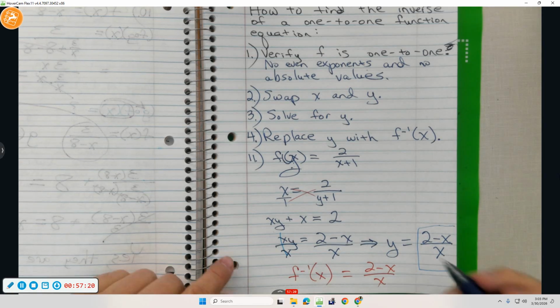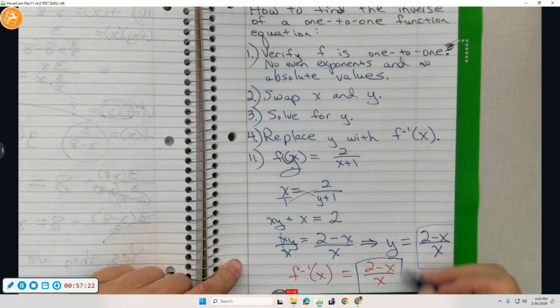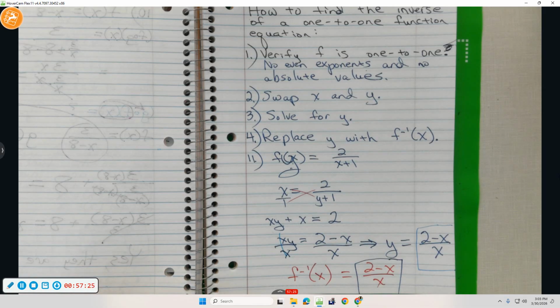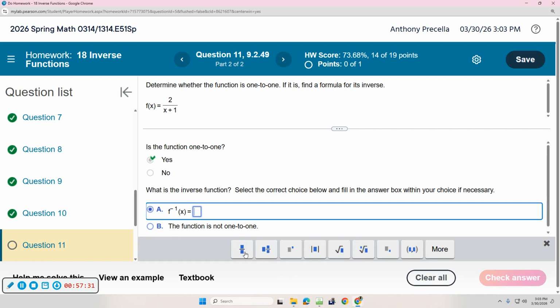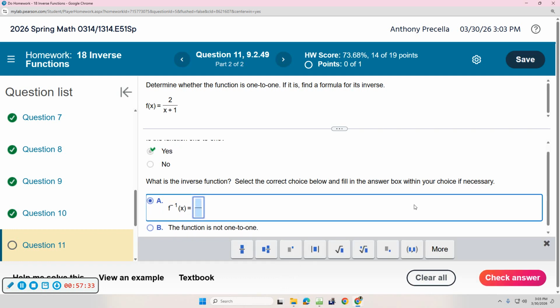But the answer is the stuff on the other side. Tony, type that in. 2 minus x all over x. I'd use the fraction hot button. On top, I have a 2 minus x. Clicking down on the bottom, I have an x, and check.